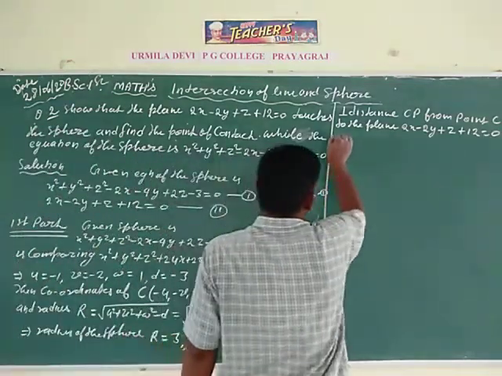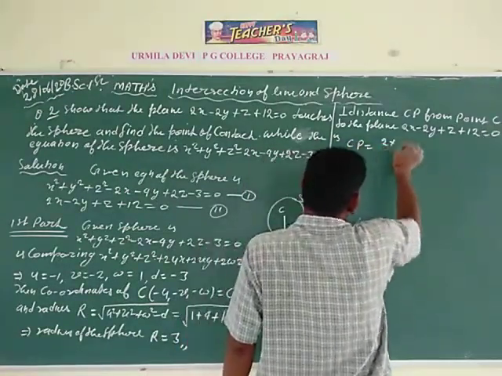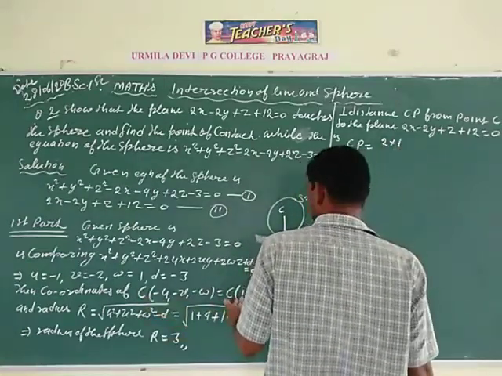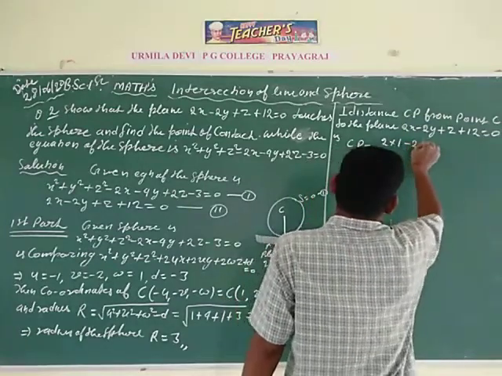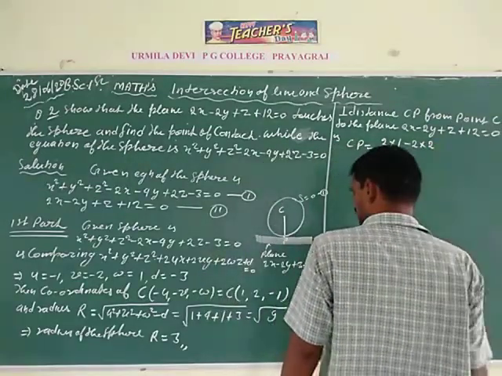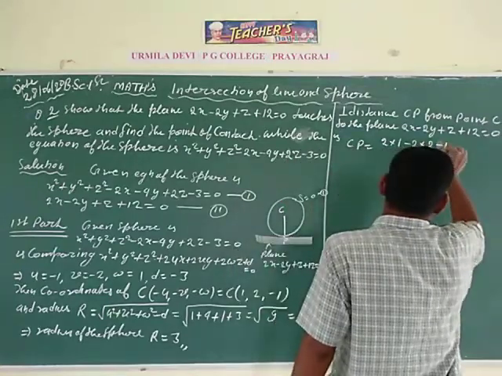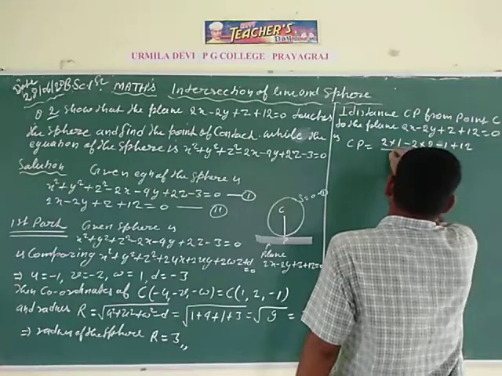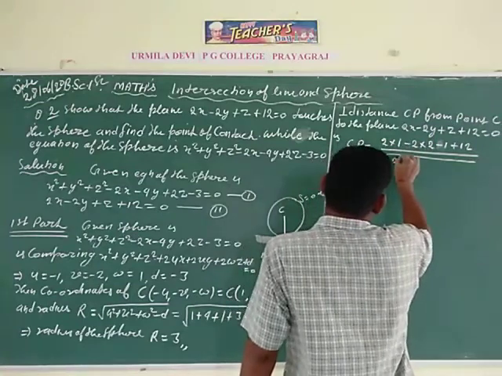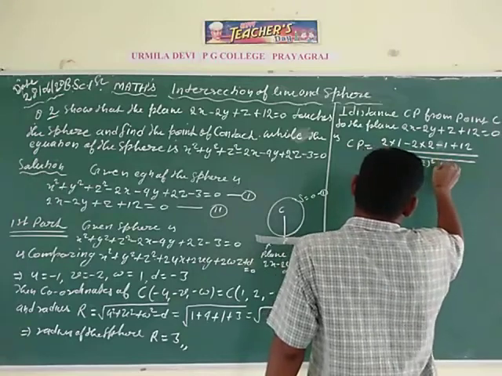So the perpendicular distance Cp is equal to 2 into x, coordinate of C is equal to 1, so x is replaced by 1, and minus 2 into y, y is replaced by the second coordinate, which is 2, and z is replaced by the third coordinate, which is minus 1, plus 12, divided by under root of the coefficient of x, 2 square, coefficient of y, minus 2 square, coefficient of z, 1 square.